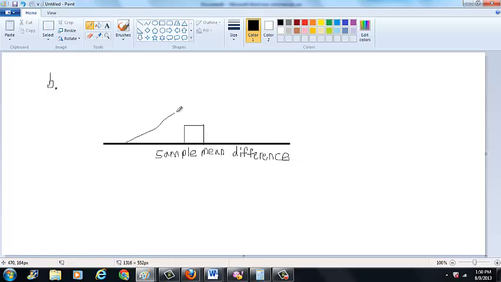So you can draw a normal curve like this, and just fill in the shape under the curve.